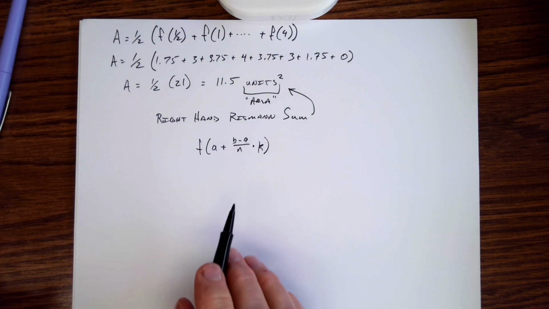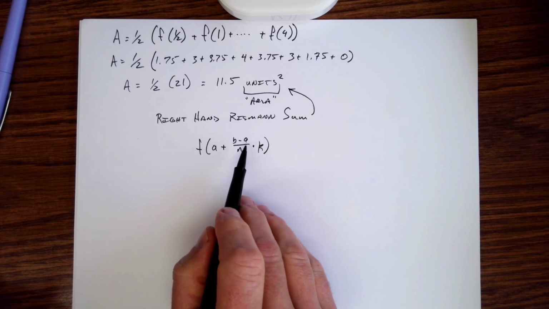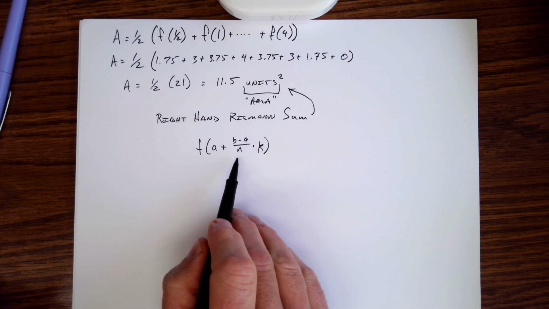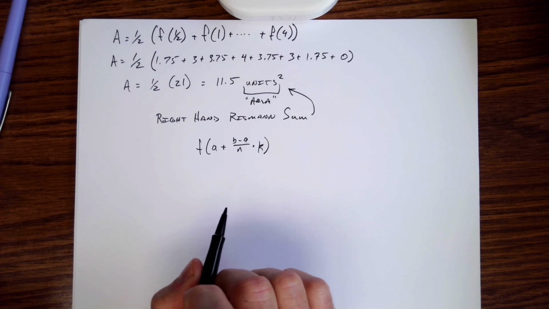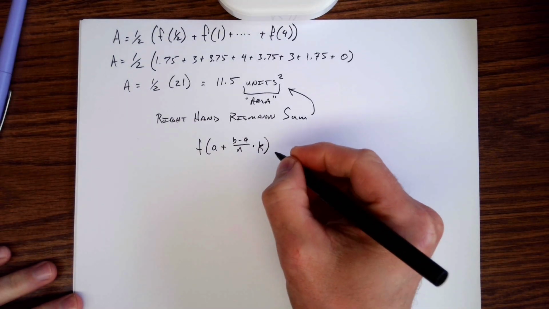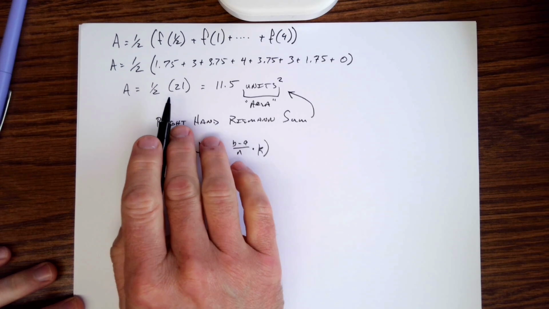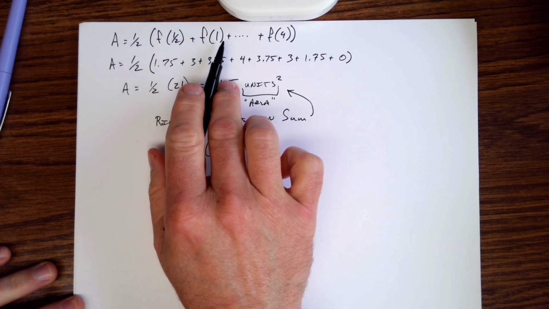Now, all these other pieces here, a, b, and n, are constants. They'd be a set value of some sort, and they wouldn't change. K would change, and that's how we got the different values up here, how we got 1/2 and 1 and on down the line.